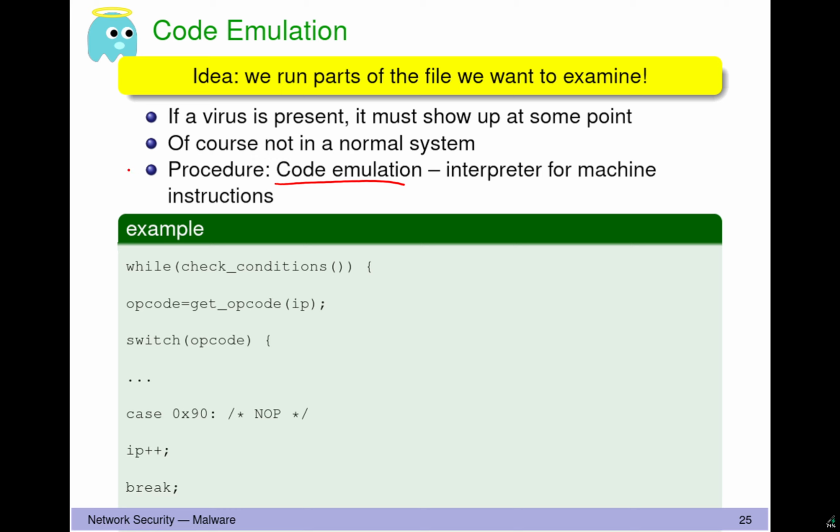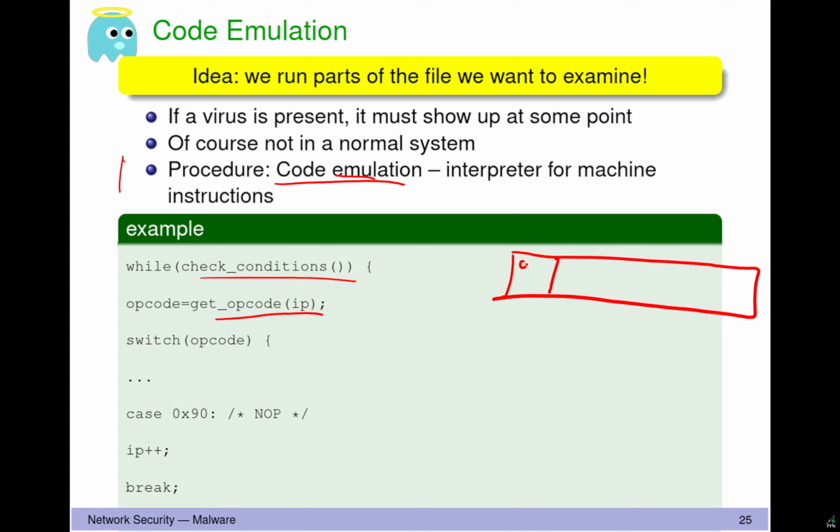Yeah, this is an example of how code emulation happens. While the sandboxing is in place, we get the opcode. This is the instruction. The instruction consists of the opcode, which operation is executed, and operand 1, operand 2, operand 3 maybe. So this is, for example, op1 equals op2 plus op3.